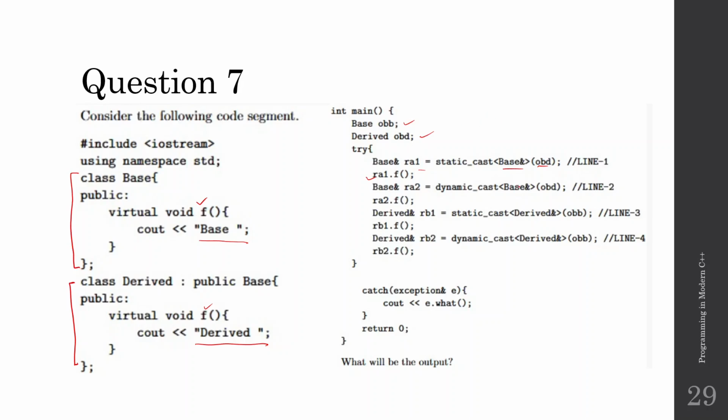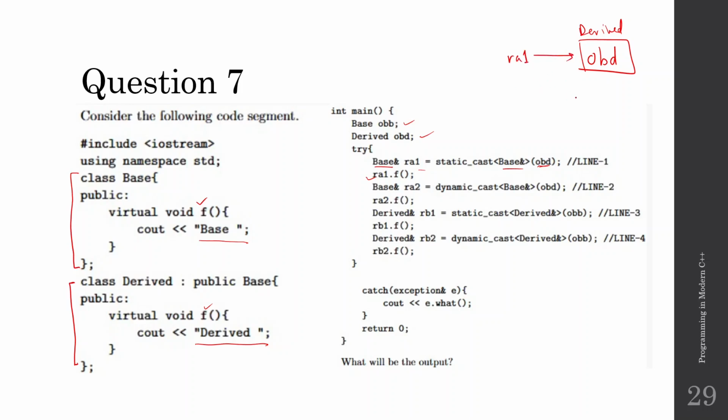Oh no, sorry. This is a base reference, but the actual object is obd, right? So we have obd, which is of derived type, and array1, which is of base type.